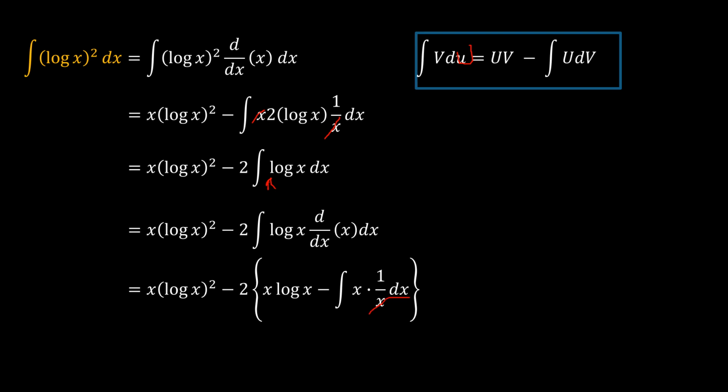And 1 over x times x cancels, so we get just the integral of 1. And so we have x times log x squared minus 2 open bracket x log x minus the integral of 1.